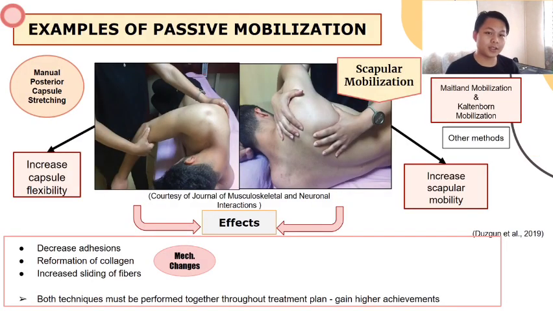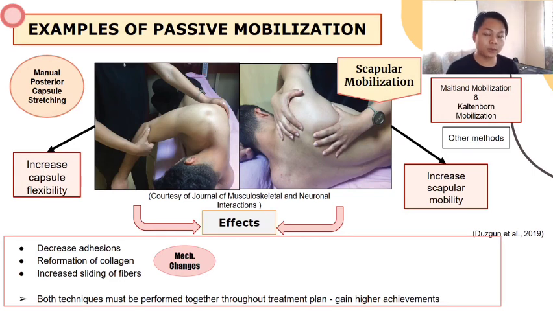For passive mobilization, again there are two types of mobilization, which are manual posterior capsule stretching and scapular mobilization. Based on my research, manual posterior capsule stretching mainly increases capsule flexibility throughout the treatment.